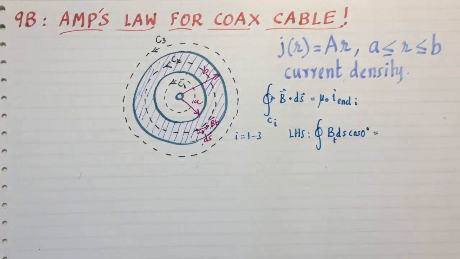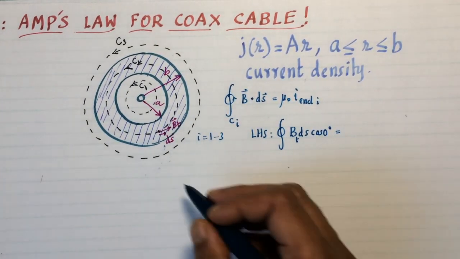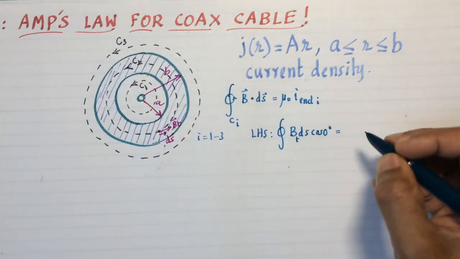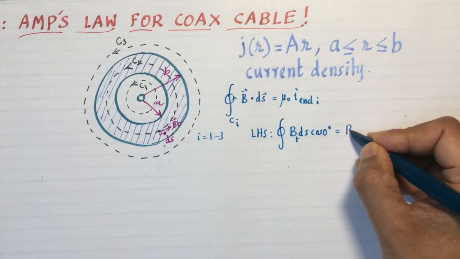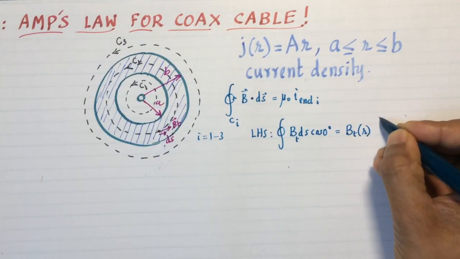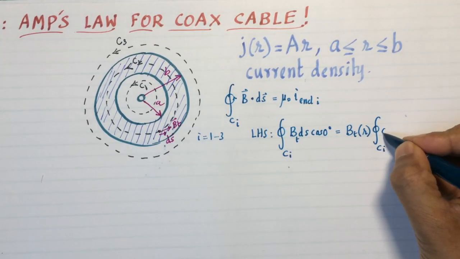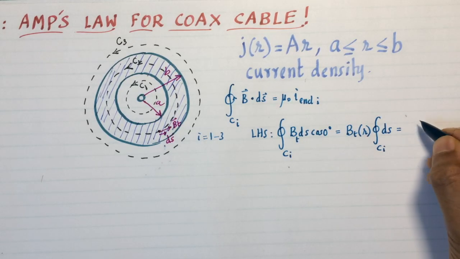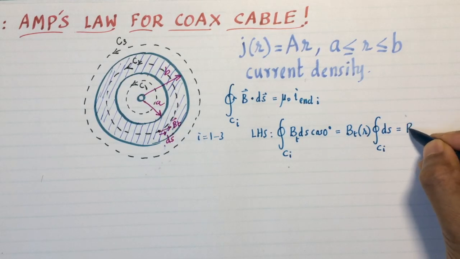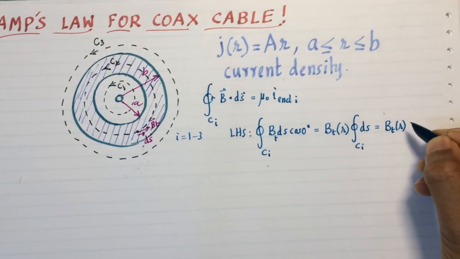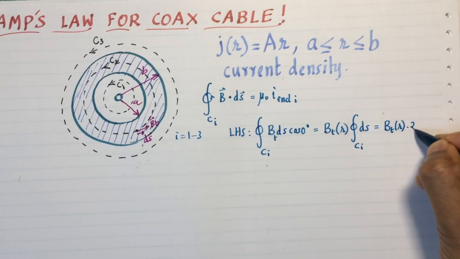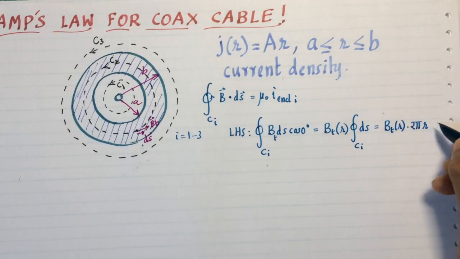I can take B tangential outside because I know that it's going to be uniform as I go around by cylindrical symmetry. So I get Bt as a function of r times the integral around the curve Ci of ds, which everybody knows is just the circumference of a circle.